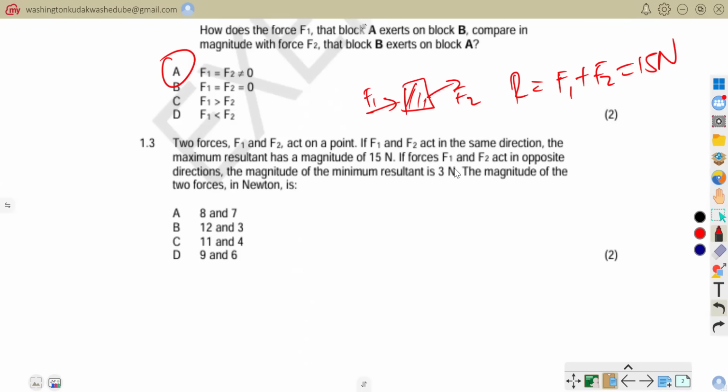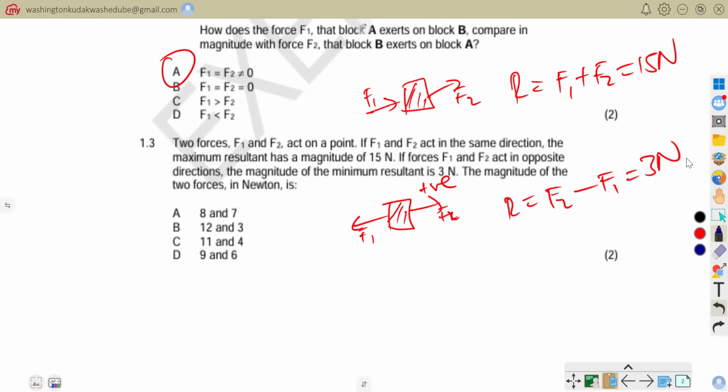And then they're saying if forces F1 and F2 act in opposite directions, the magnitude of the minimum resultant is 3 newtons. The magnitude of the two forces in newtons is going to be what? So we now want to find the magnitude of each. If F1 acts in the opposite direction to F2, the resultant of these two, taking going to the right as positive, I would have F2 minus F1 is equal to 3 newtons.